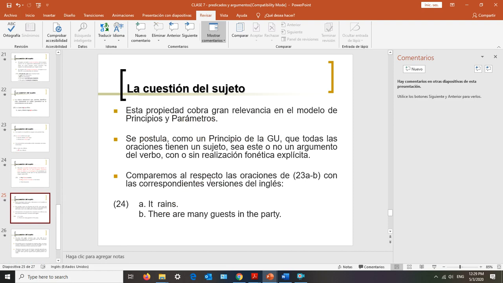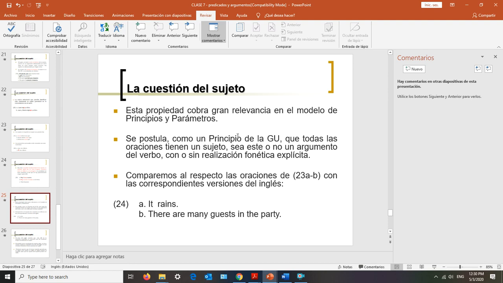Okay, so this property is very, very important, crucial in this theoretical model of study and analysis called principles and parameters.